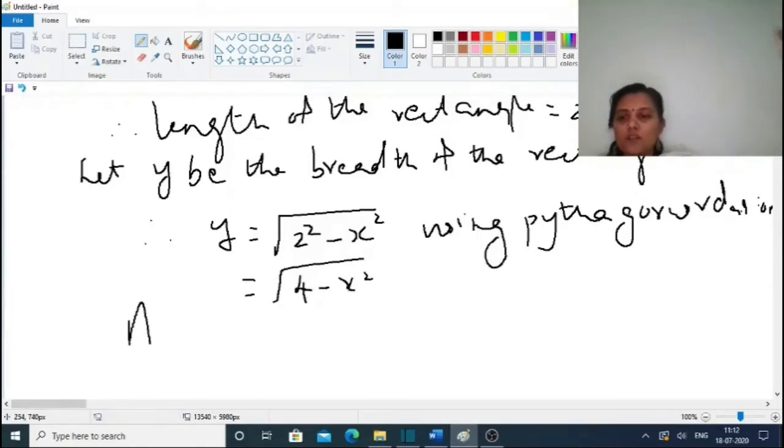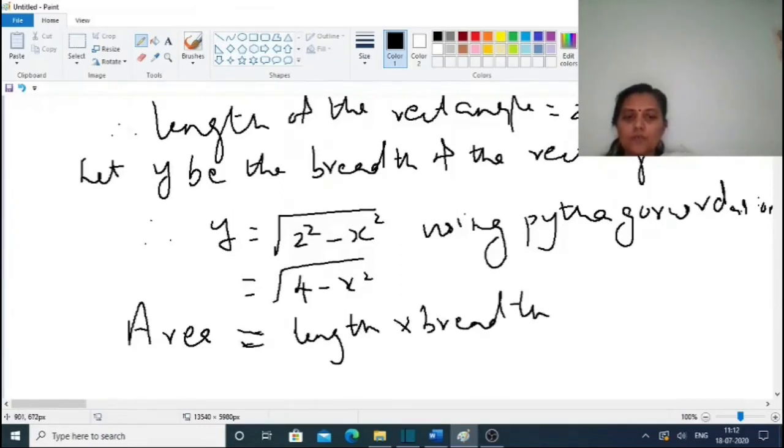Now what is the largest area? We have to maximize the area. So A, area, is equal to length into breadth, which is equal to length of the rectangle 2x and breadth square root of 4 minus x square.